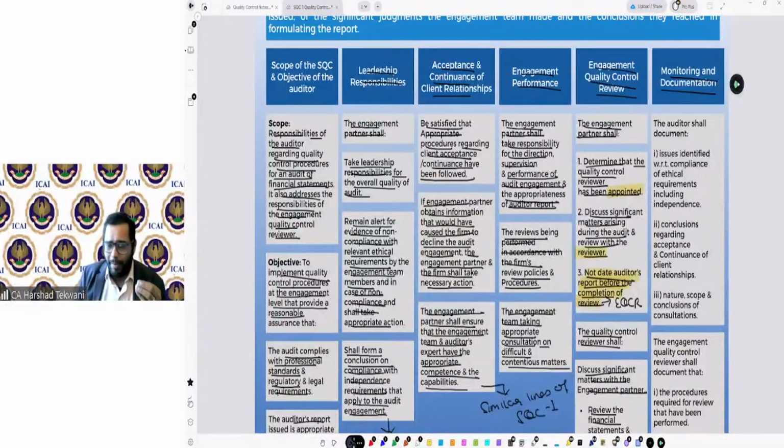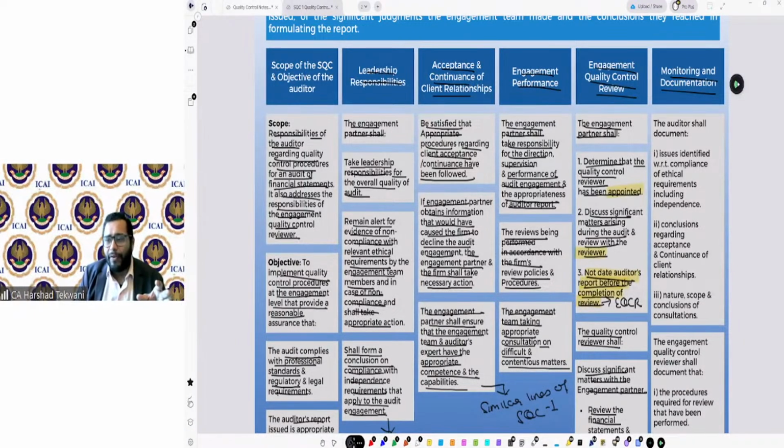That is a monitoring requirement. And it says that the engagement partner is required to consider the results of the firm's monitoring process as evidenced in the latest information.